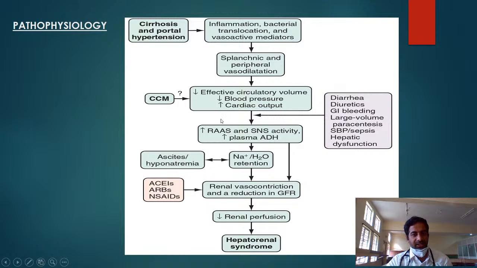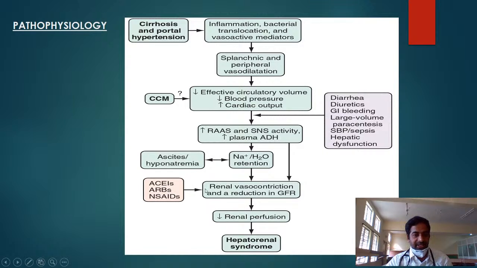All these can lead to increased RAAS, the renin angiotensin aldosterone system, and SNS activity. That will lead to increased plasma ADH. Whenever antidiuretic hormone is increased, there is always sodium and water retention. That will lead to ascites and hyponatremia. That will again trigger renal vasoconstriction, and there will be a decrease in GFR.